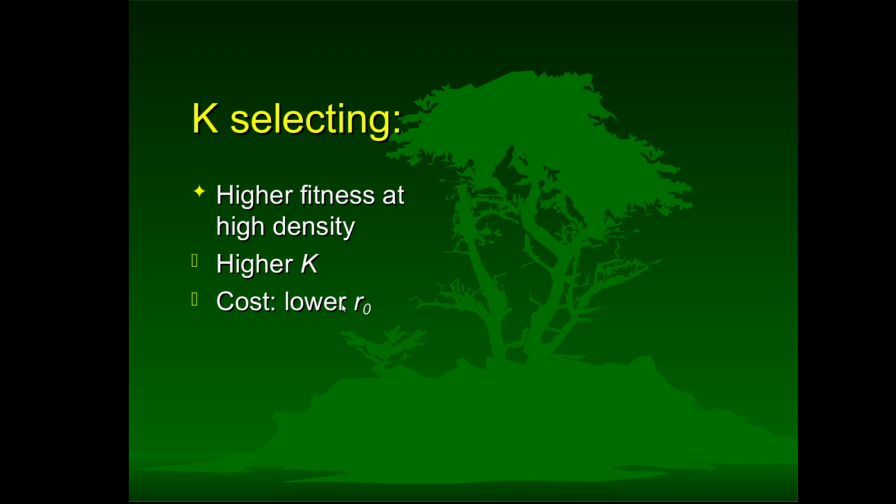Okay, so that means well, lower R0 in general. That could be lower fecundity or a longer generation time. Longer generation time might be necessary for individuals to develop better competitive abilities.